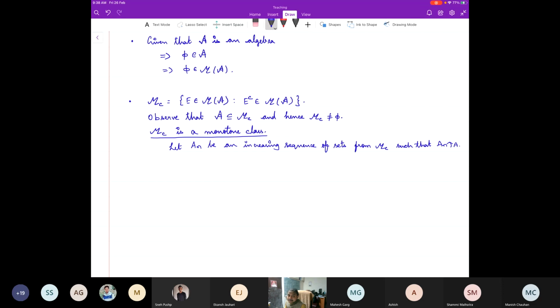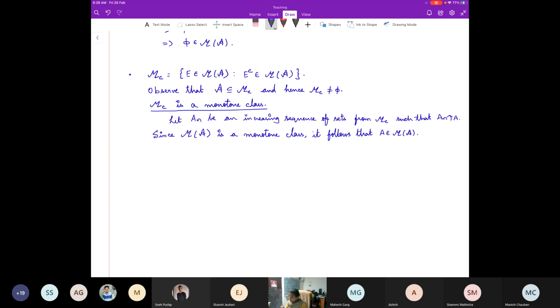First, A should belong to M of A and its complement should also belong to M of A. Since M of A is a monotone class, it follows that A belongs to M of A. Further, what is A complement?